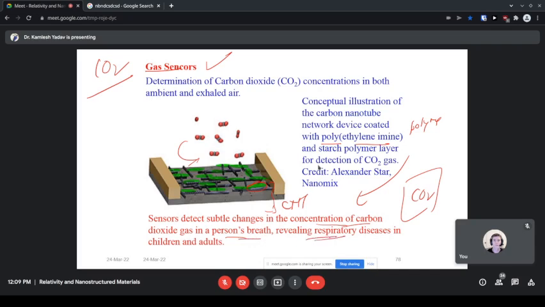If there is any respiratory problem, then using this sensor we can easily predict it. Therefore, using CNT, we can use it as a gas sensor, as a biosensor, and so on. These two-dimensional materials have unlimited scope. This depends upon you. You can modify these materials and use them anywhere.